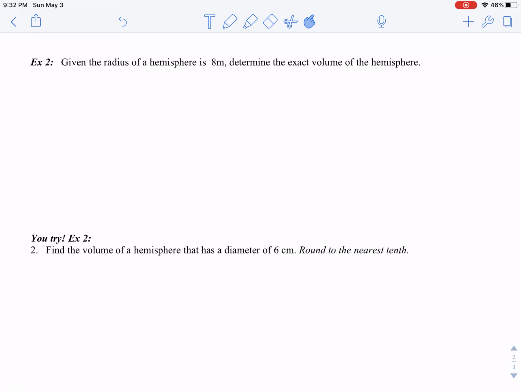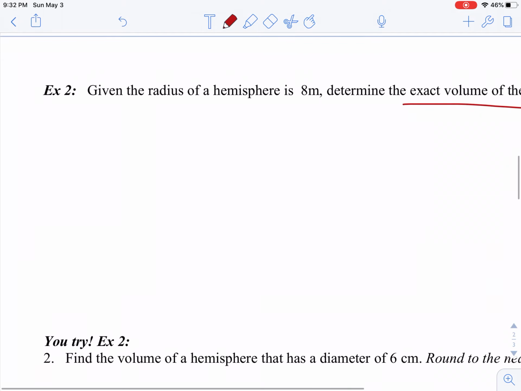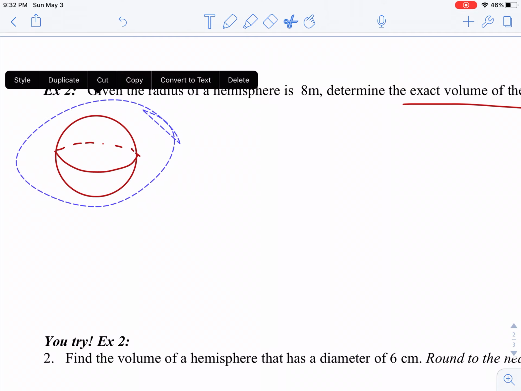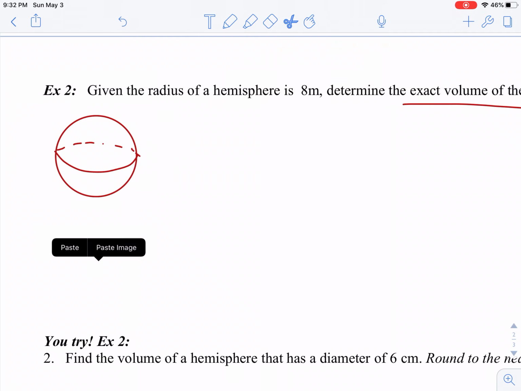All right, so now we are going to find the exact volume of a hemisphere. So a hemisphere, like if I draw a sphere, this is my sphere right here, right? That's my sphere. If I wanted to draw my hemisphere, I might actually just use this drawing because it's not so bad.